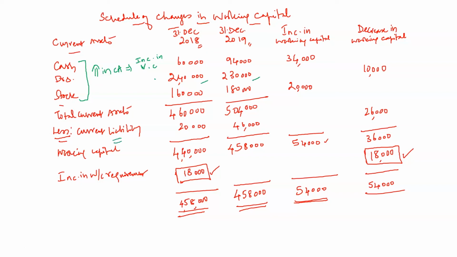Whereas in case of current liability, an increase in current liability implies a decrease in working capital, and vice versa. A decrease in current liability means an increase in working capital. Here there is an increase, so the difference is shown on the decrease column.